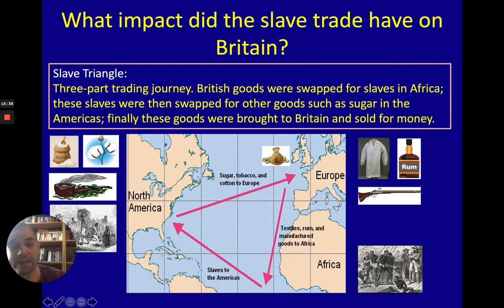They would then trade the slaves for the goods that were grown by the slaves that were already there. So sugar in the Caribbean, tobacco and cotton in North America particularly. They would then take those goods back to Europe, and they would sell them for a profit. Okay, so that's kind of like the wheel of commerce, as it were, that kept the whole system going.